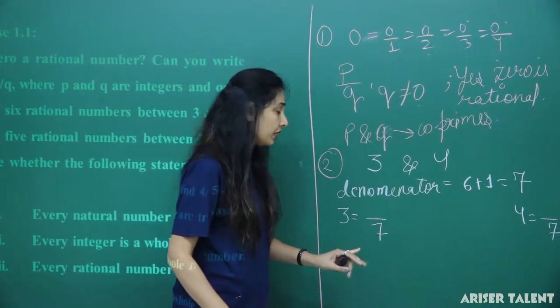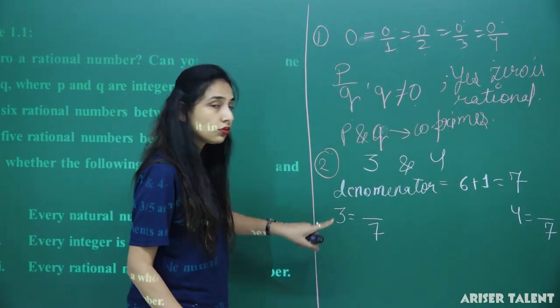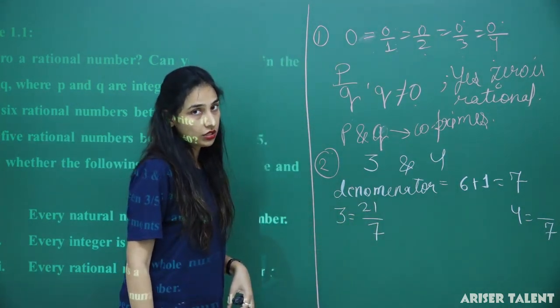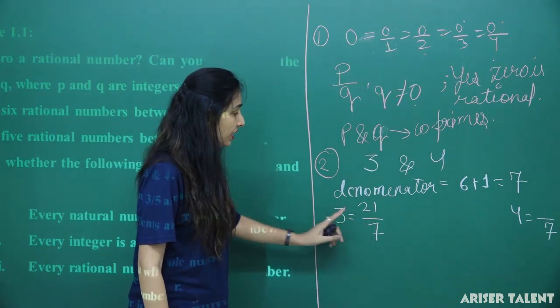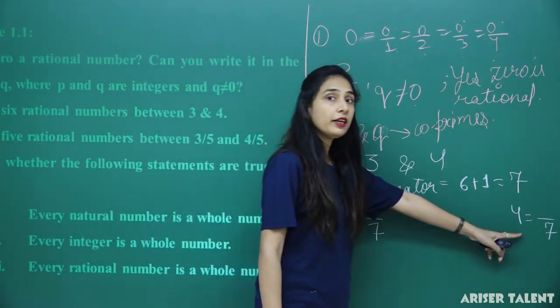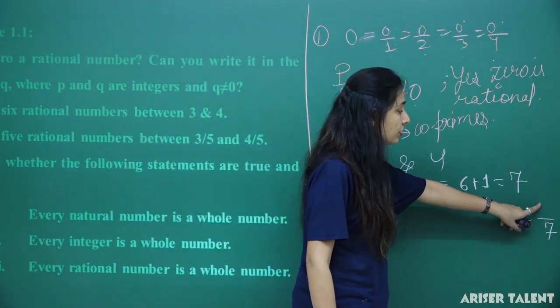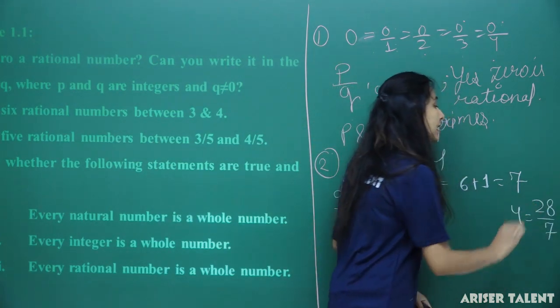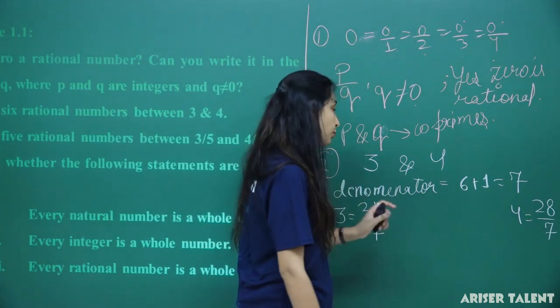What divided by 7 equals 3? 21 by 7 is equal to 3. And what divided by 7 is equal to 4? Simply 28 divided by 7 is equal to 4.